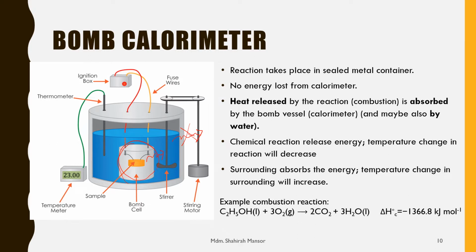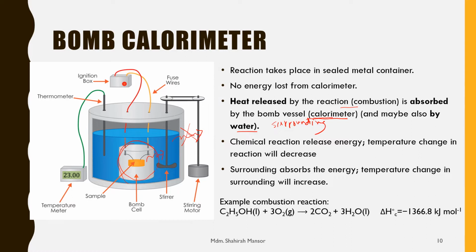Alright, so in this case, energy released from this reaction hanya akan diserap oleh surrounding sahaja. So heat released by the combustion reaction is absorbed by the bomb vessel, that is calorimeter, and maybe also by water. So this calorimeter dan juga water ini merujuk kepada surrounding.